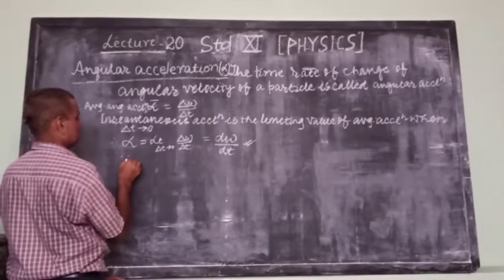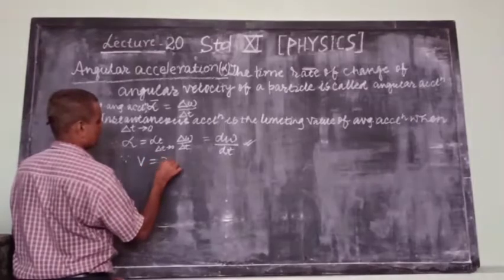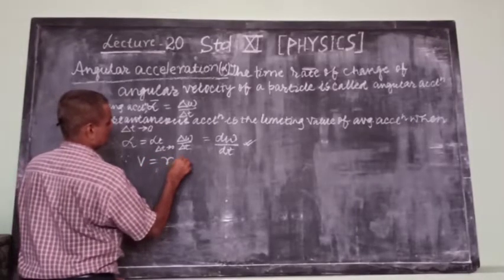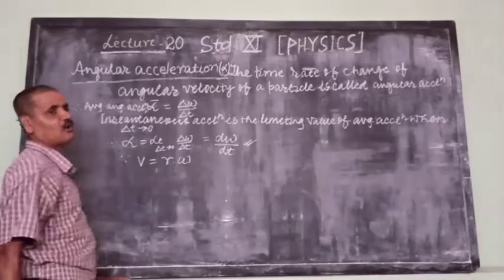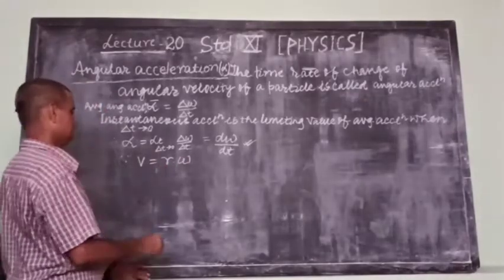We know that there is a relation between angular velocity and linear velocity. So v is equal to r omega. I have proved this in the previous class.